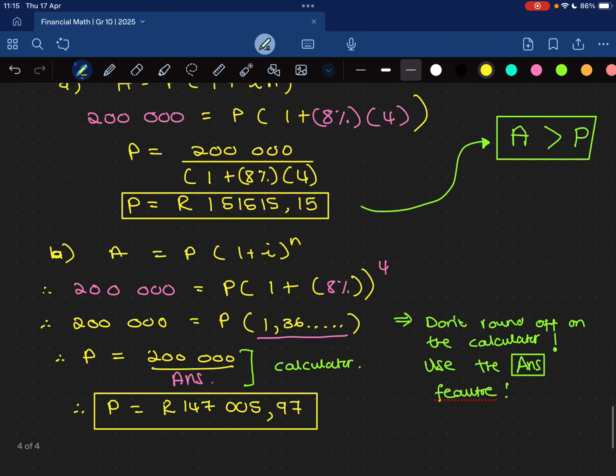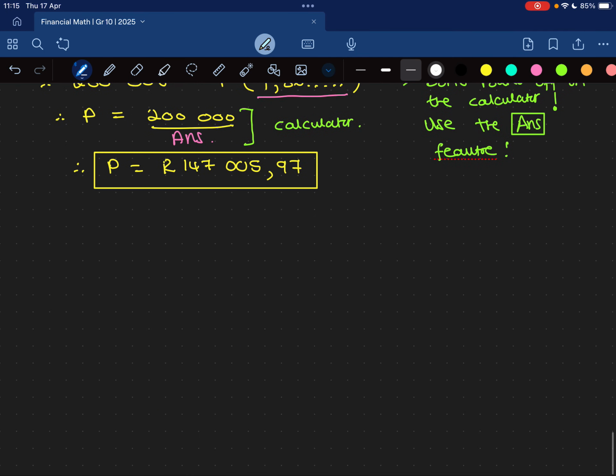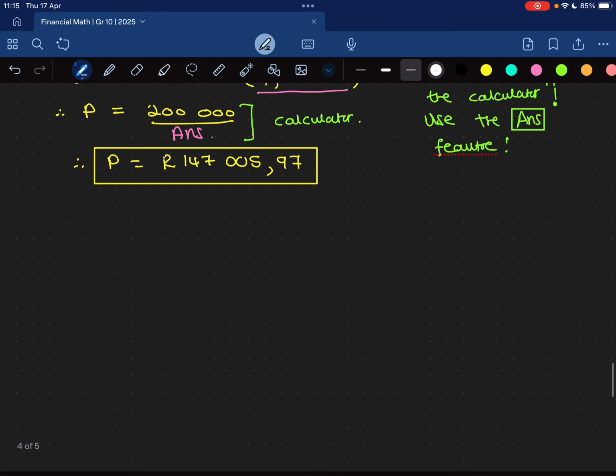Okay, so moving on, we have the next example, which is example 2. With example 2, we're going to look at the following question.